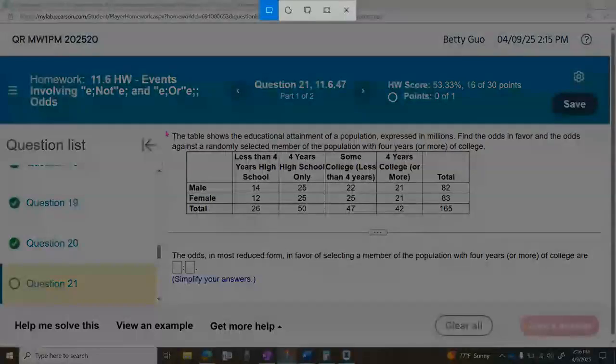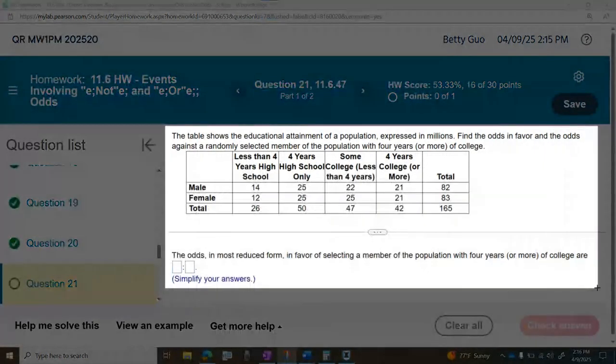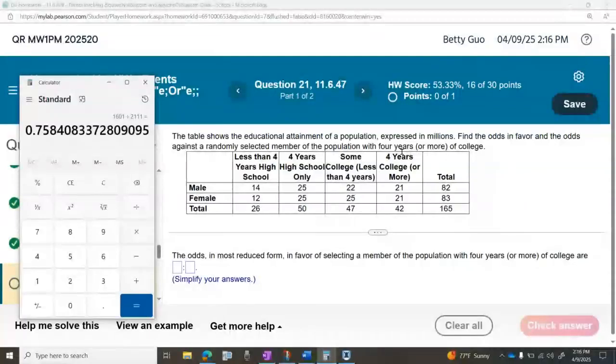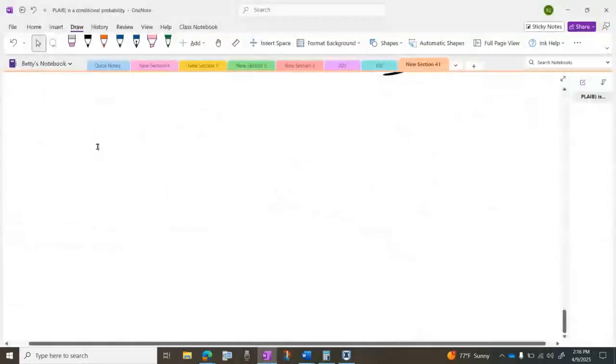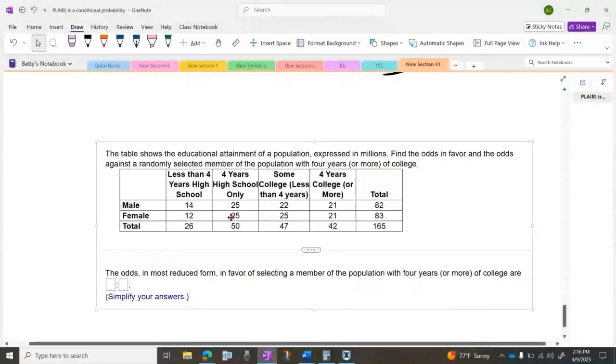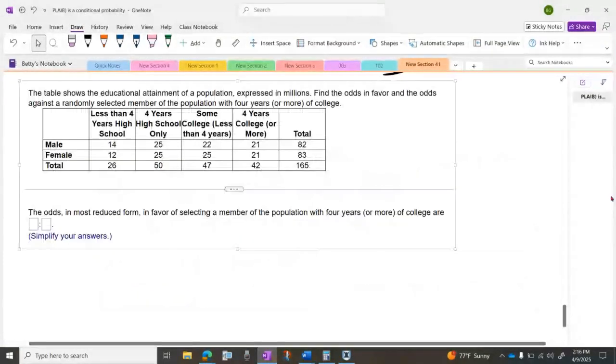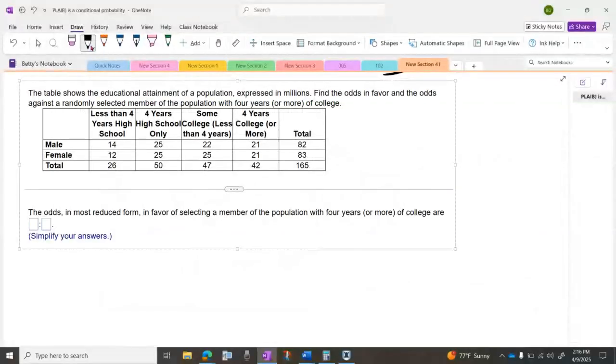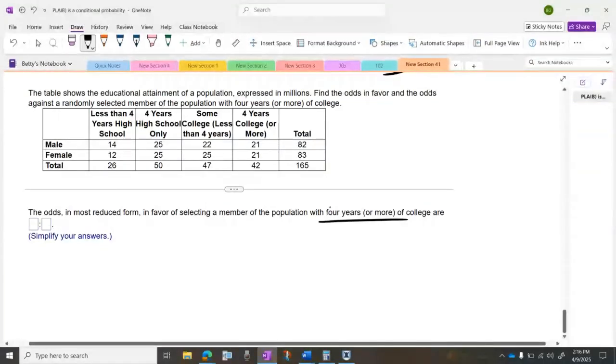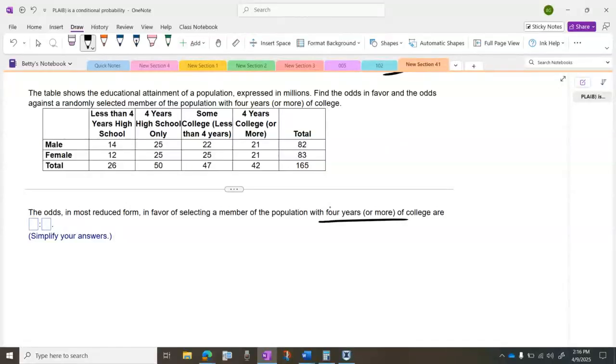Let's do this one as the last problem today in the QR session. Let's first find the probability of randomly selecting a person who has 4 years or more of college.